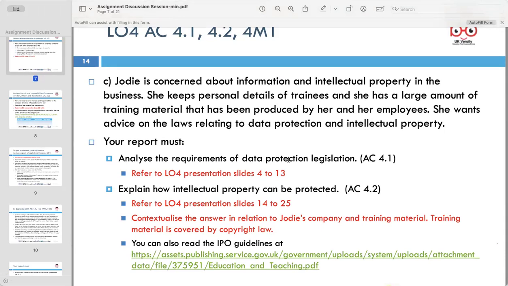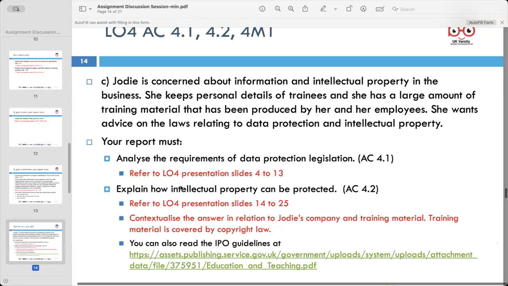Explain how different types of intellectual property, particularly training material, can be protected. Discuss copyright as it relates to training material produced by Jody and her employees. Refer again to pages 14 to 15. Explain how intellectual property can be protected.